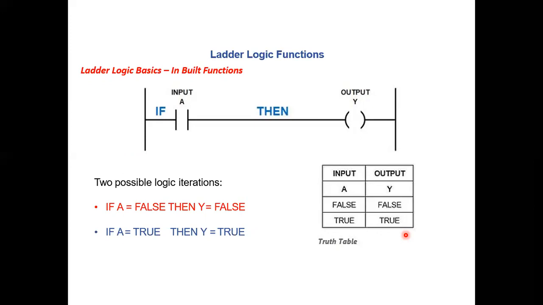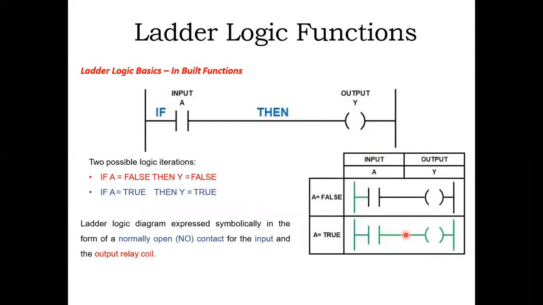That is, if A is equal to false, then Y is equal to false. If A is equal to 0, then Y is equal to true, because there is no condition between these two. If A is green, the output will be green. If A is red, the output will be red. Like that they are used in ladder logic functions. This is the same concept.